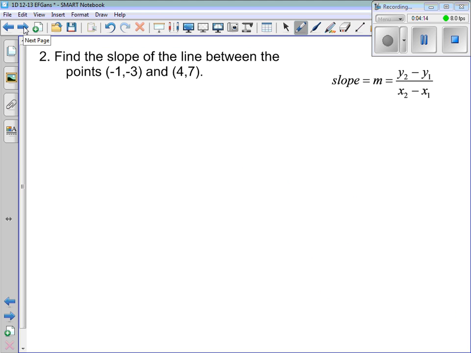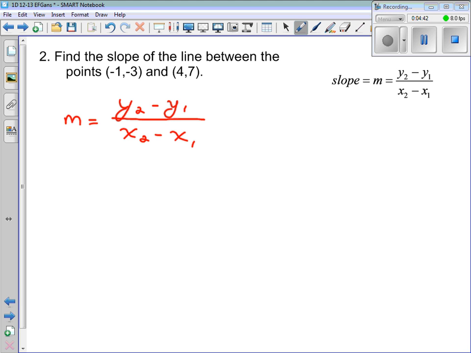Find the slope of the line between the points negative 1, negative 3, and 4, 7. Well, again, we're going to use our formula. Slope equals y2 minus y1 over x2 minus x1. We want to look at these 2 points, these 2 ordered pairs that they've given us, and we want to call one of them x1, y1, and one of them x2, y2.